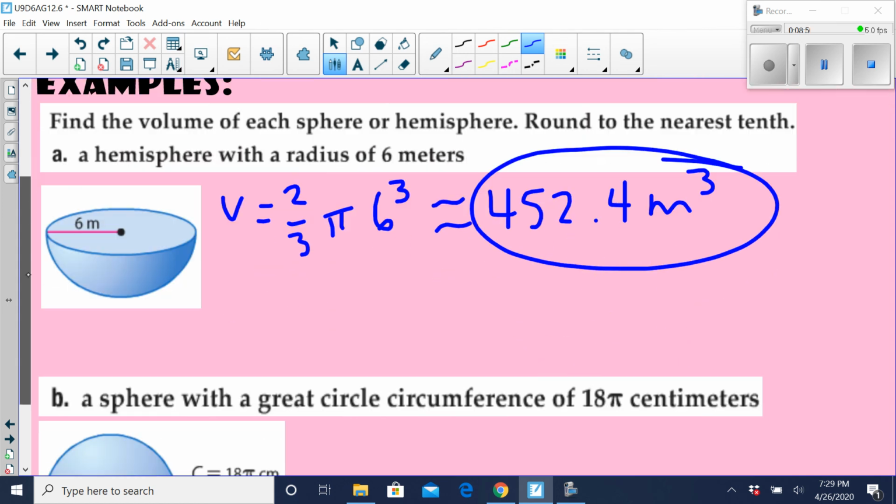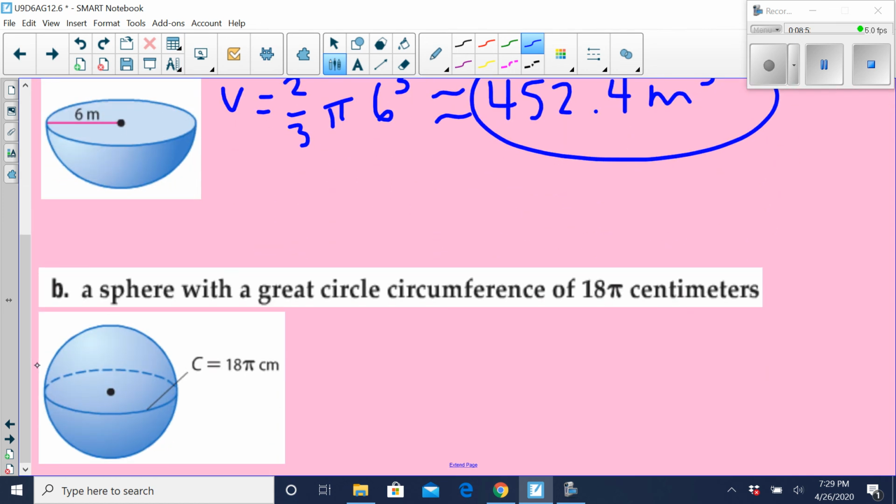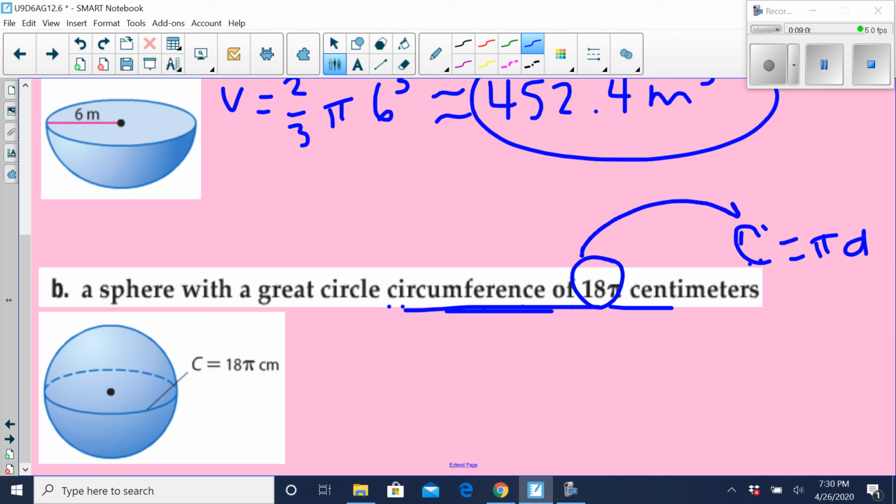Okay, next example problem. Find the volume of a sphere with a great circle circumference of 18 pi. Now, this is kind of like that last piece. They're giving us the circumference is 18 pi. So I need to use my formula for circumference. Circumference, I like to use pi d. I'm going to take that 18 pi and plug it in for the circumference. So I'm going to say 18 pi is equal to pi times d.